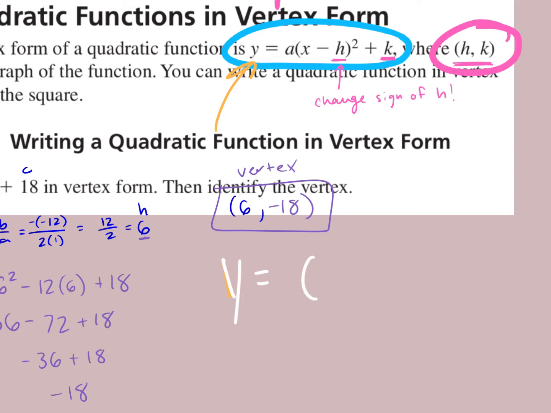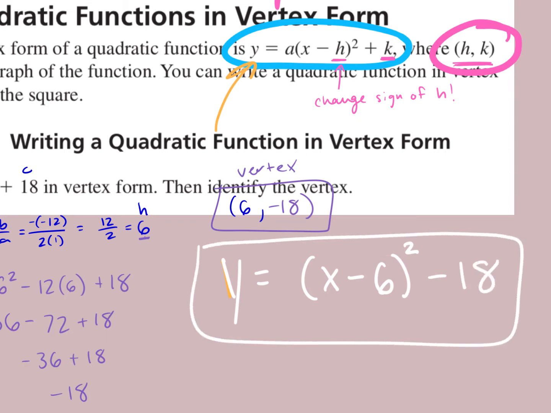No. But if it was any other number besides 1, we would write it out front. And then x minus, what's my h? 6 squared plus, what's my k? Negative 18, so it'd actually be minus 18. So that is my equation in vertex form, and that would be my vertex.